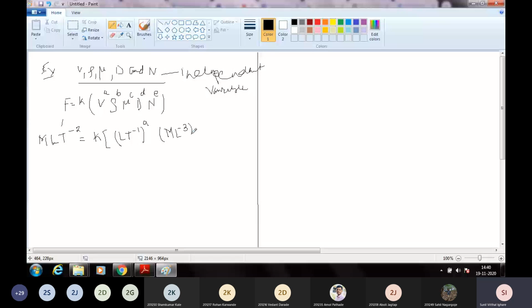The next term is viscosity, which we have simplified.